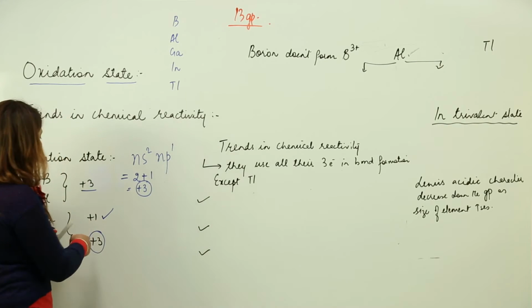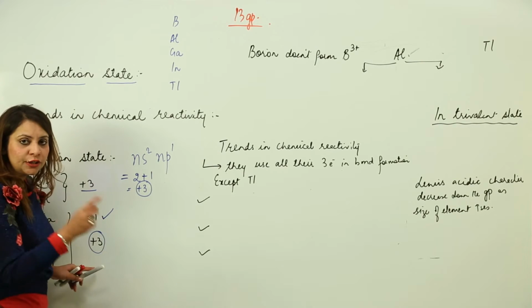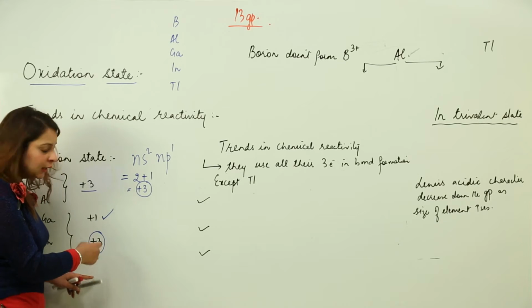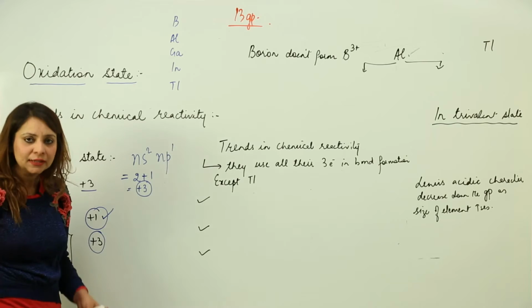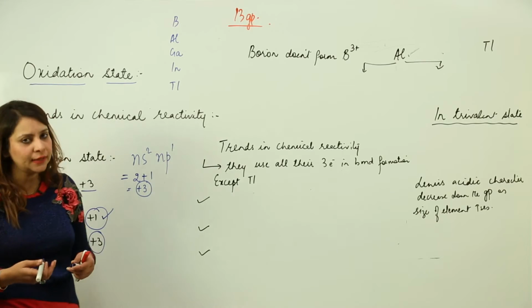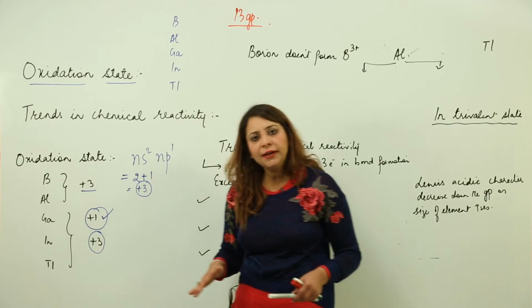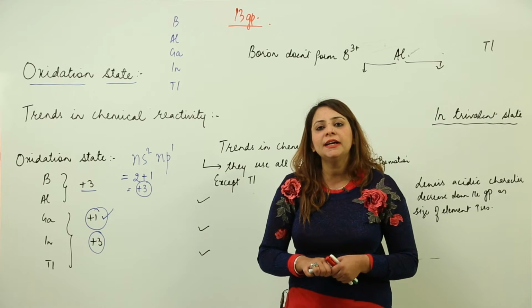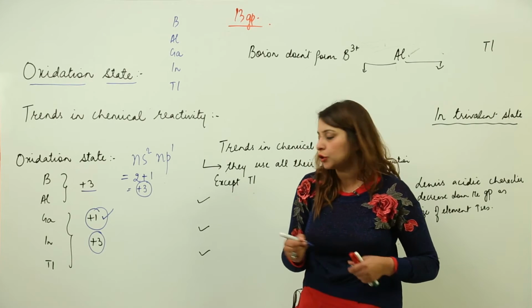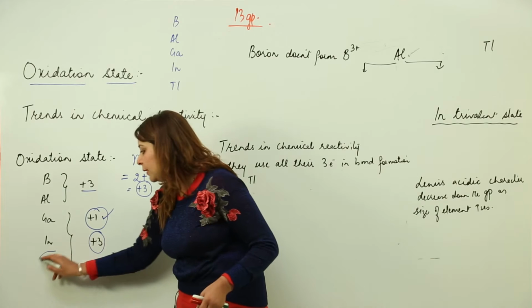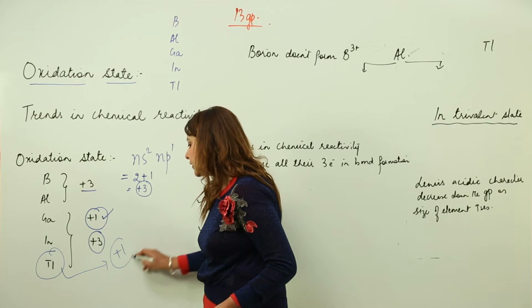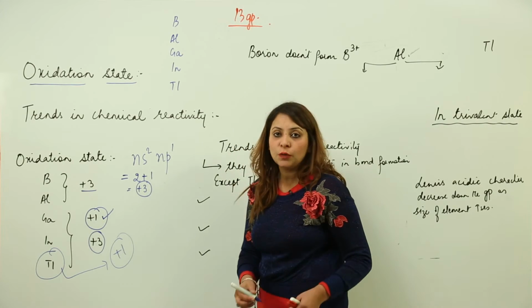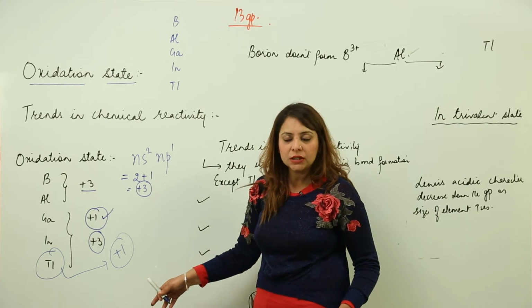So as we are moving down, 2 units less means +1, that means for heavier elements the +1 oxidation state is becoming more stable. Though they show +3 also, in addition they show +1 oxidation state also. And for thallium, out of +3 and +1, its more stable oxidation state is +1 because it is the heaviest of all in the 13 group.